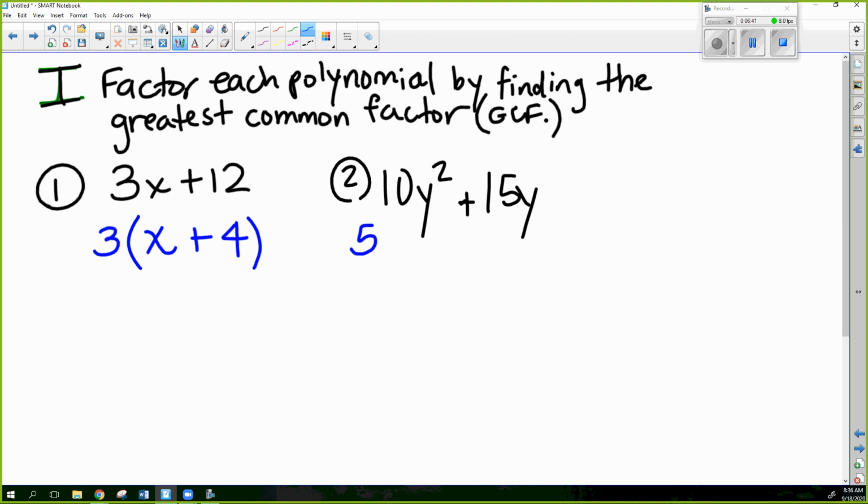Very good. All right. Now, if one of them has a y squared, which means it has 2 y's, and the other one has 1 y, how many can they have in common? 1. Okay, so I can take 1 y out of each. So I'm going to divide my numbers, but I'm really taking away my y's. Questions on that?